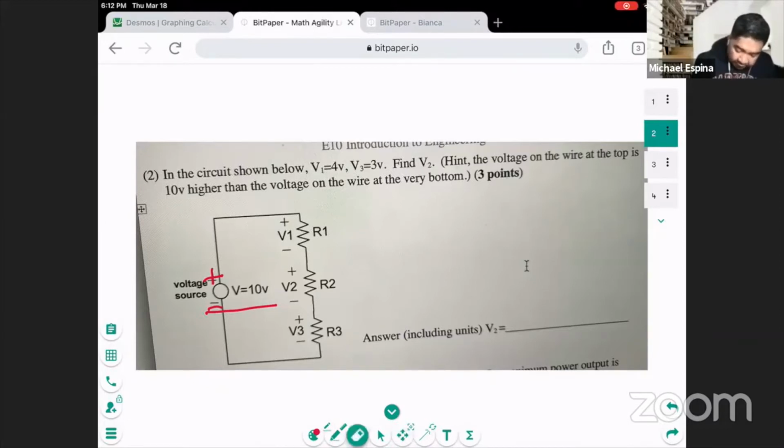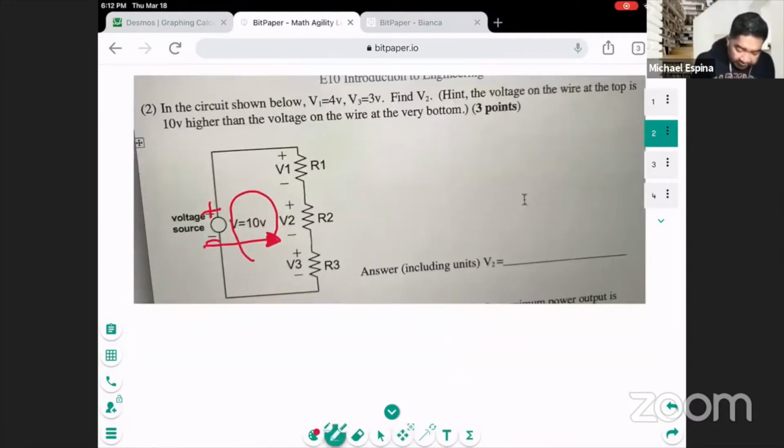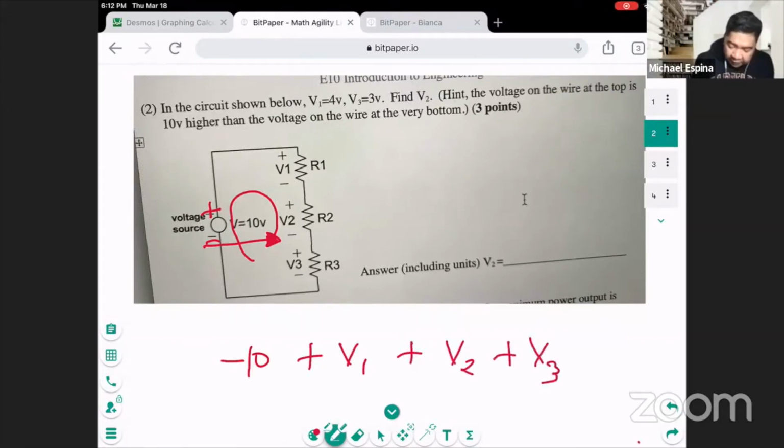Let's do it clockwise, okay? So let's start. Negative 10 plus V1, right? Plus V2 plus V3. Then the total sum of all the voltages would be equal to 0.